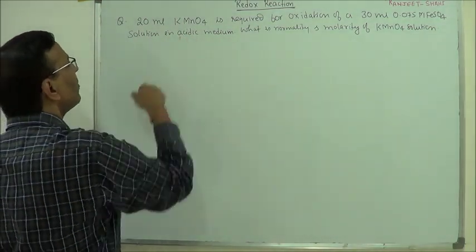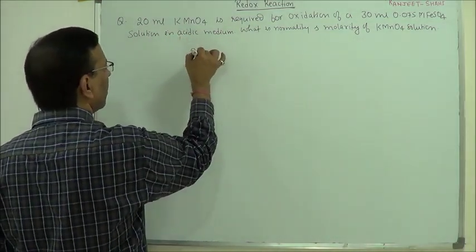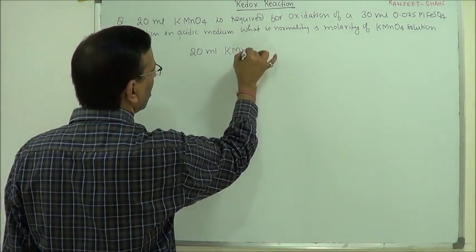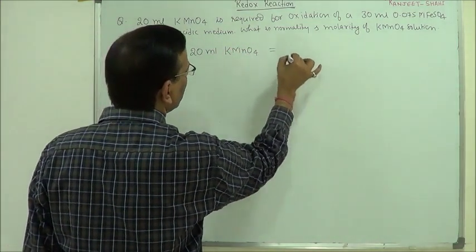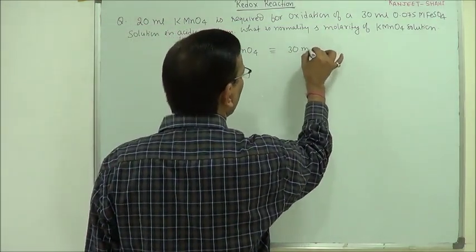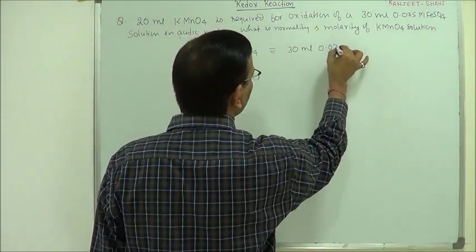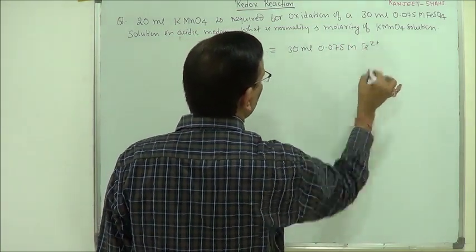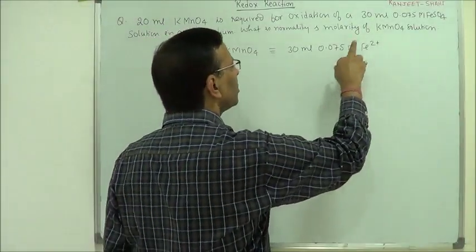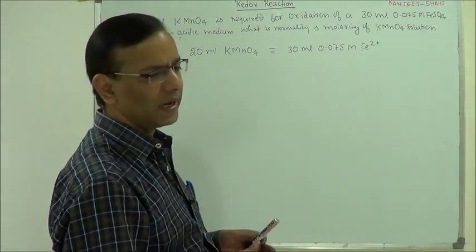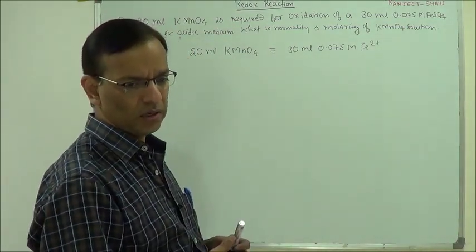So 20 ml KMnO4 reacting with 30 ml 0.075 molar ferrous ion. Ferrous ion will be oxidized to ferric ion. So N factor of ferrous ion is 1.